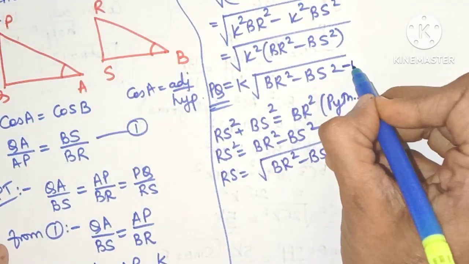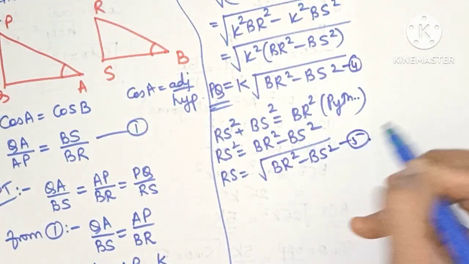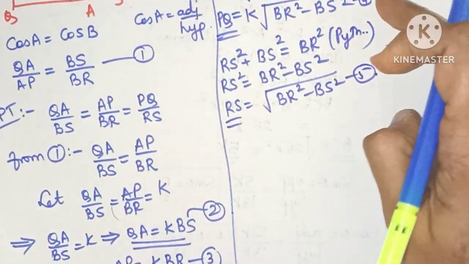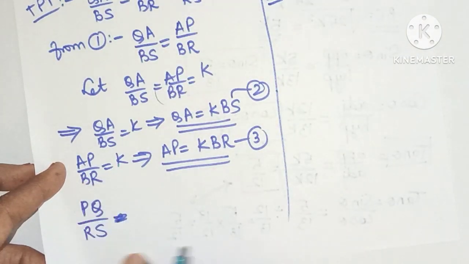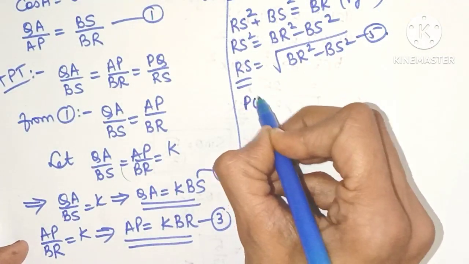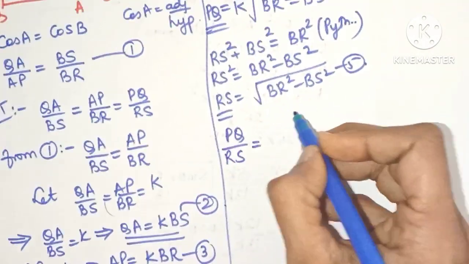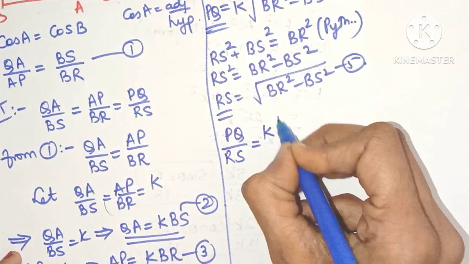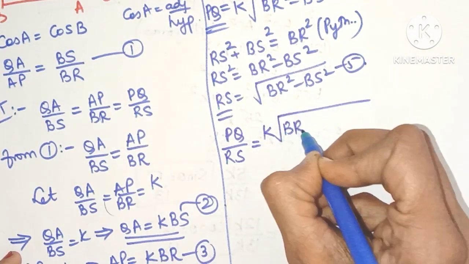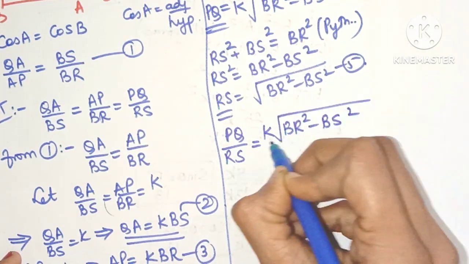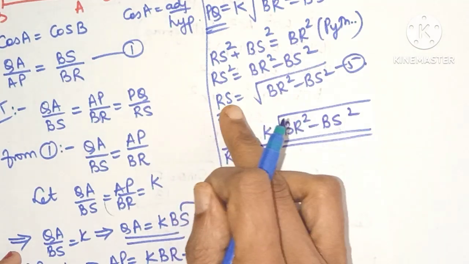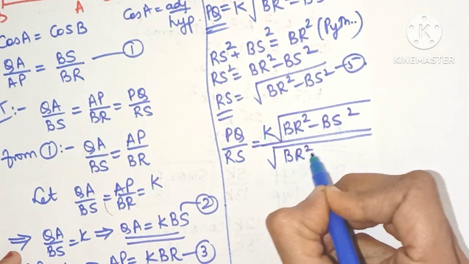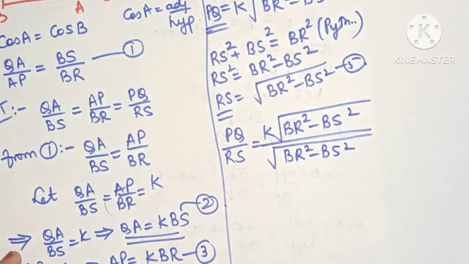So let me call this as 4 and 5. So let's substitute the value of PQ and RS in this ratio, friends. Okay, so I will get PQ by RS equal to, what is PQ? K into square root of BR square minus BS square divided by RS, which is nothing but square root of BR square minus BS square. Wow, did you see that?